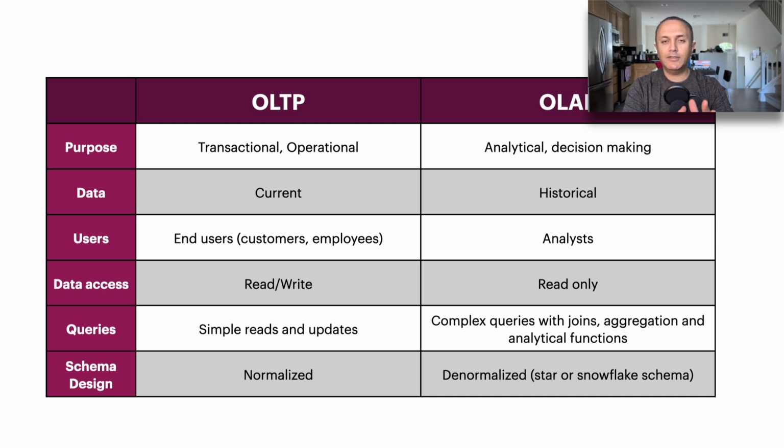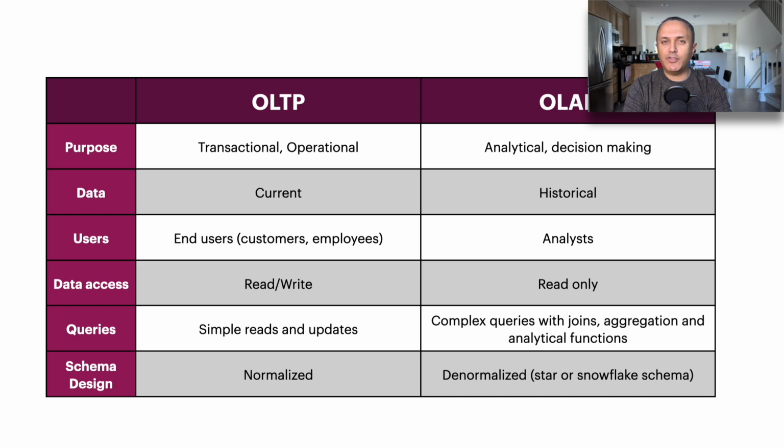On the OLAP side, we use those for analytical queries and decision making. The data is usually historical data from 10, 20 years ago, because you need as much data as you can get to make those decisions, to make predictions based on history and so on. The users of these systems are usually analysts or BI tools as well. Those queries are usually read-only.